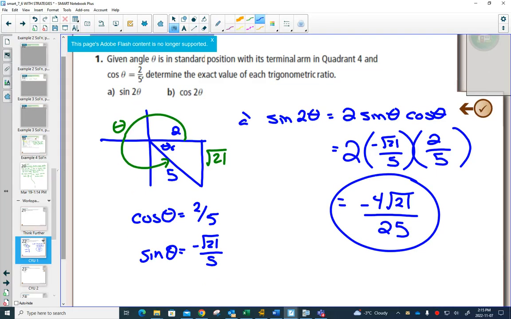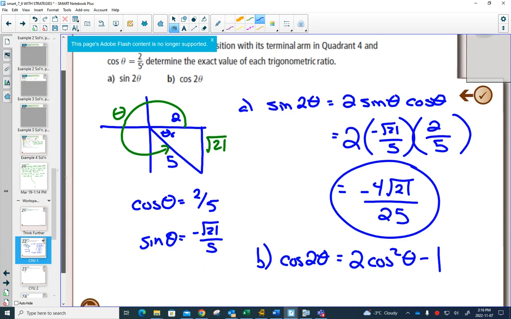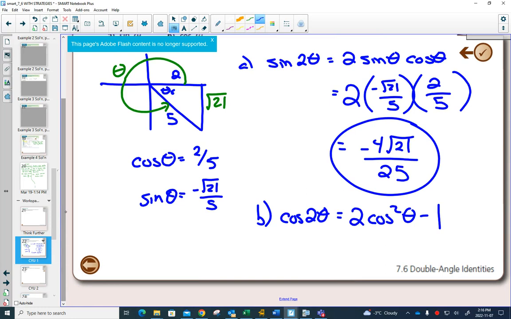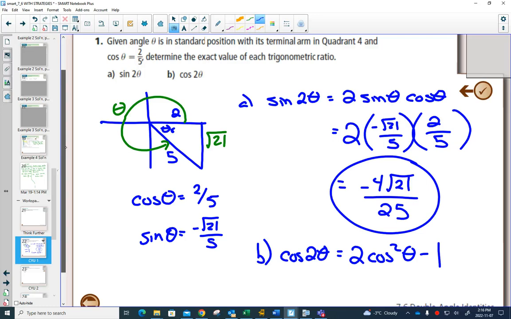That's part A. For part B, you know how I said there was 3 formulas for cos 2 theta? All 3 will give you the exact same answer. Technically, in this situation, this one is the best. And the reason this one is the best is because in the question, did they tell us what cos theta was? 2/5, right?